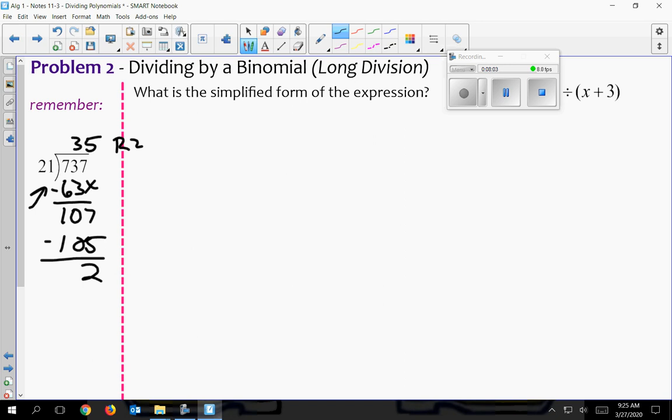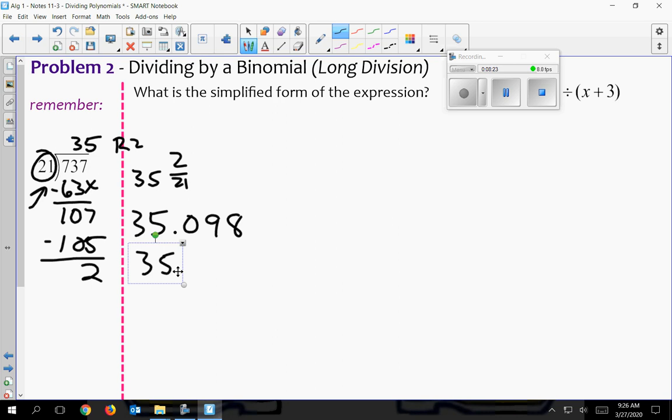We then also later on learned that we'd write it as 35 and 2 over 21. And we would take that, 21 came from that. Then we learned how to make that a decimal. I think it came out to something like this. Then we were taught rounding, so something like that. Okay, so that was using long division.